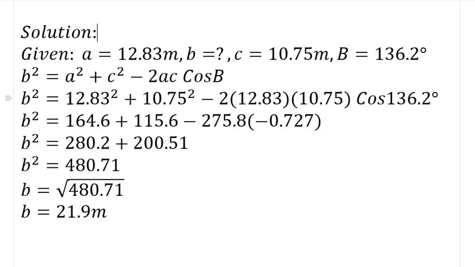So if we look for the square of 12.83, we have 164.6. If we look for the square of 10.75, we have 115.6, minus, if you multiply 2 by 12.83 by 10.75, you have 275.8. If you look for cos 136.2 degrees, put it in your calculator, you have minus 0.727.